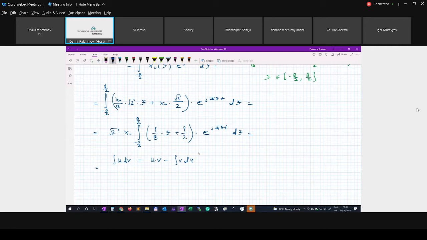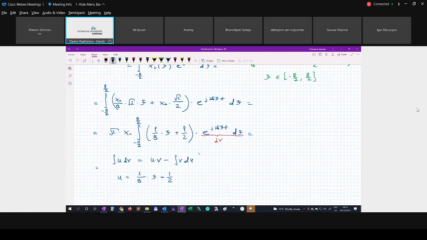Let's say that our exponential function and df will be dv, and the rest will be our u. So in this case, u equals the whole expression inside the parentheses, 1 over B times f plus 1 over 2.